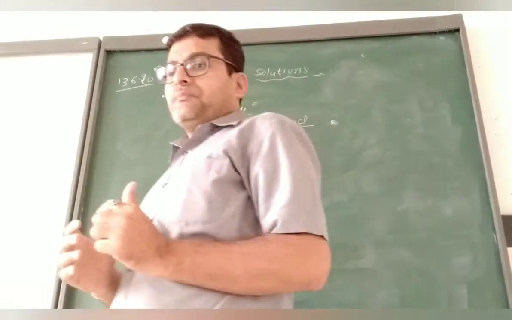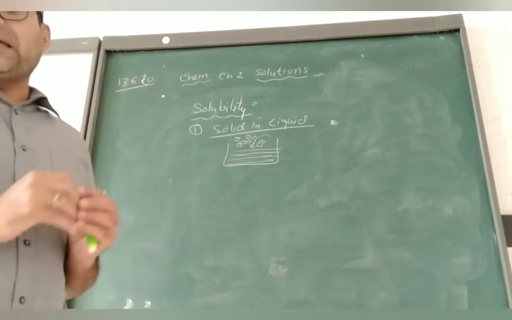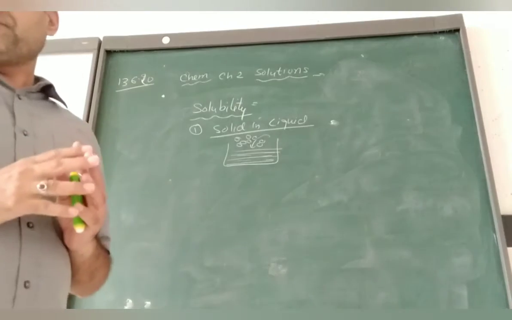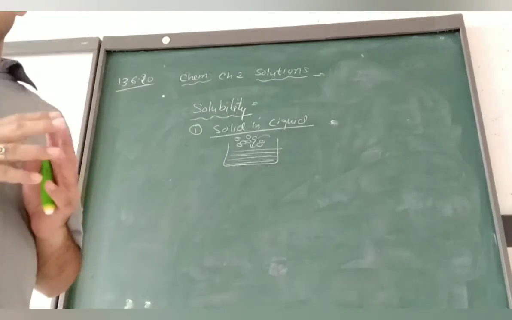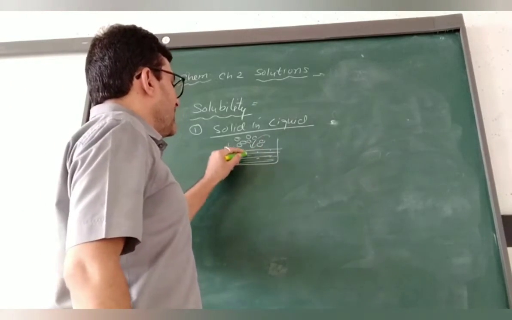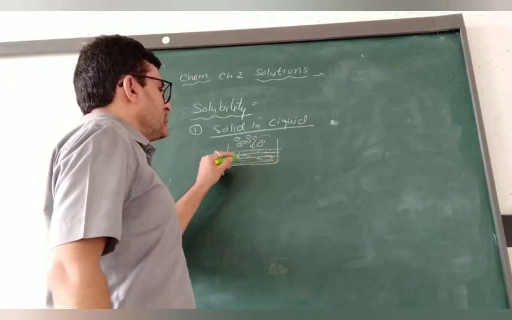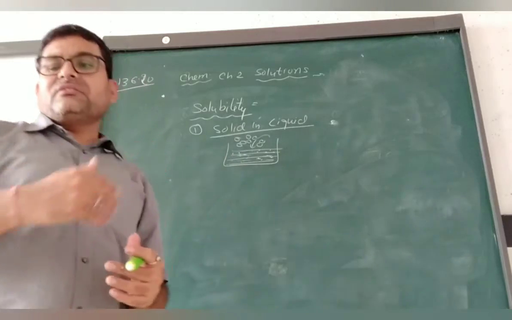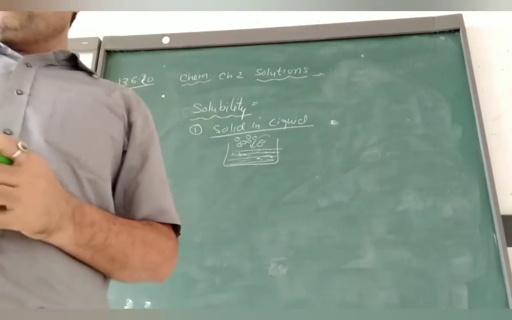So when a solid solute is added to the solvent, some solute dissolves and its concentration increases, because on adding, the solute gets dissolved and the concentration keeps on increasing.